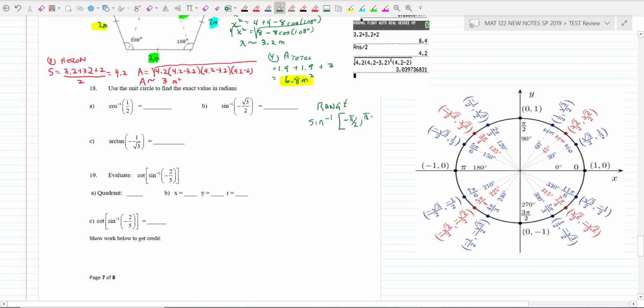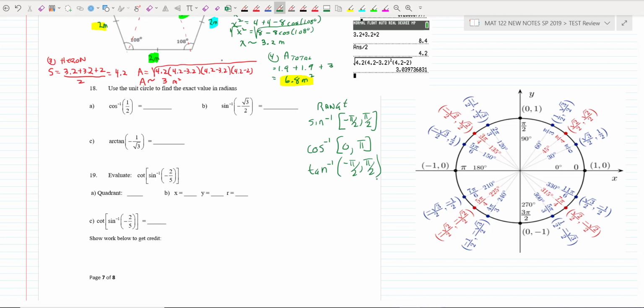So your answers to an inverse sine are going to fall within that range, and there's only one answer to these problems. If you have an inverse cosine, its range is 0 to pi, and if you have an inverse tangent, it's parentheses negative pi over 2 to pi over 2, because the tangent's undefined at pi over 2 and negative pi over 2.